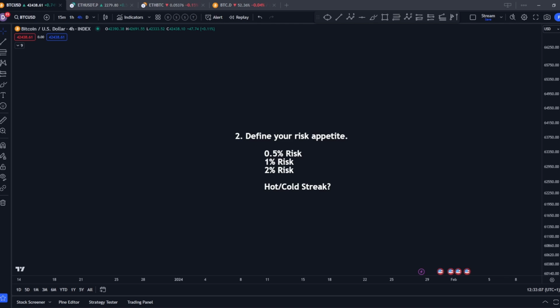But generally, I would say, let's say you're doing really well and you're really feeling the market, then it's okay to take a bit more risk, but obviously be ready to scale down again if it goes wrong. And especially when you are on a cold streak, I'd say don't be too afraid and entirely stop trading.